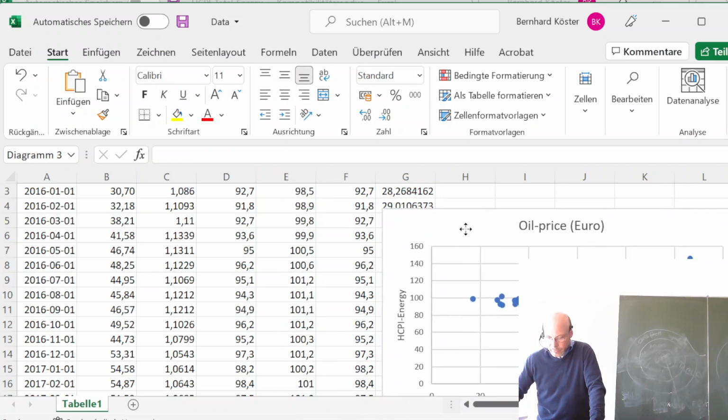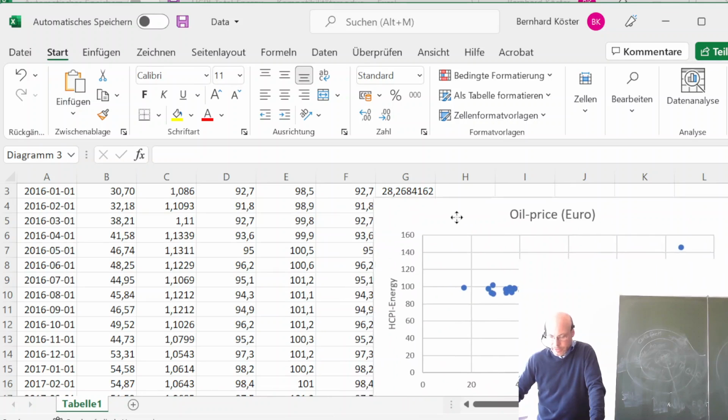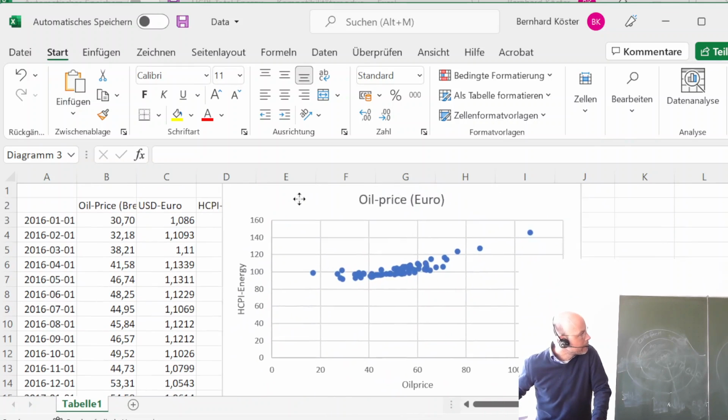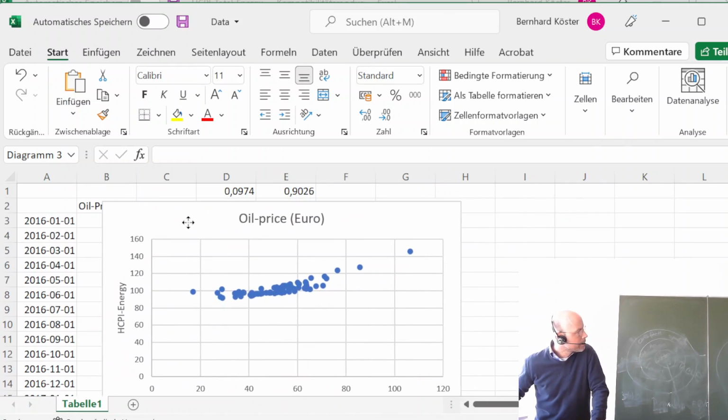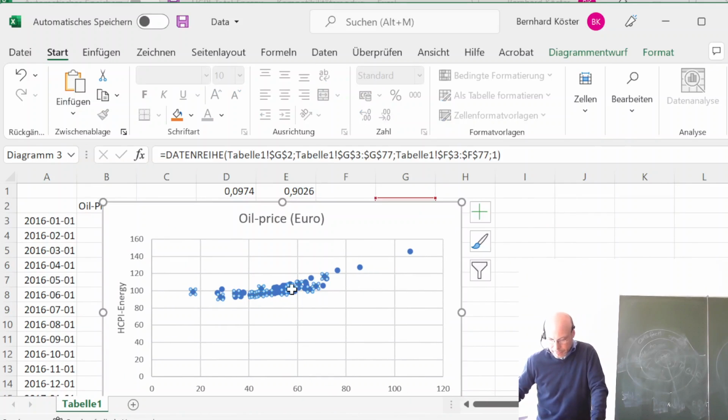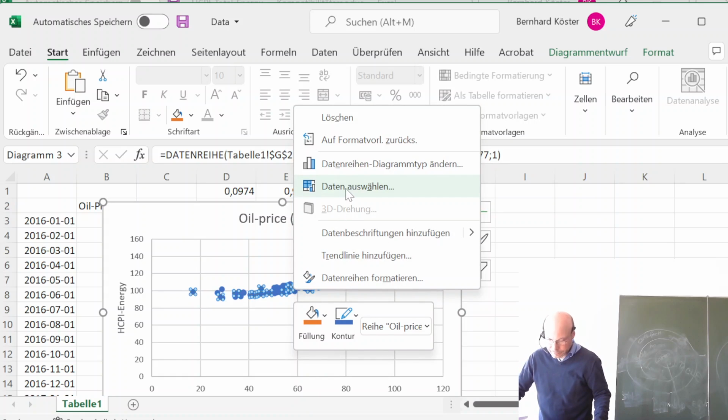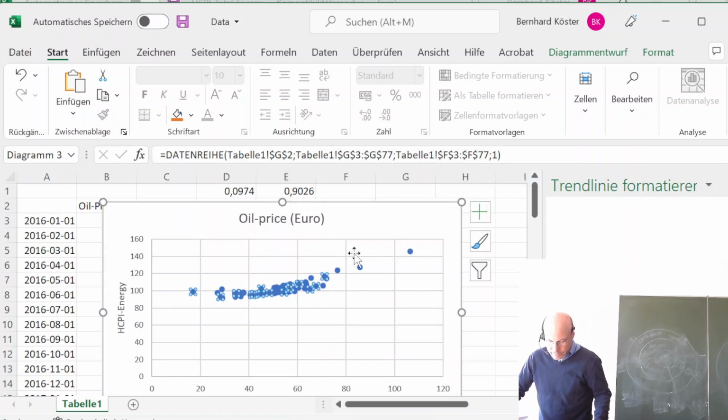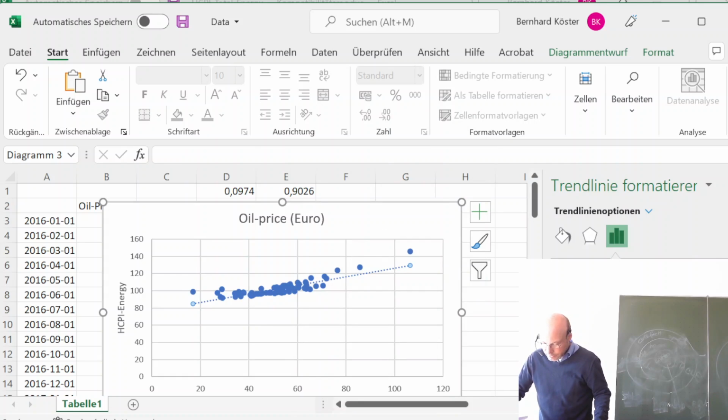Well, and now we want to make the linear regression, and this I showed you the last time. So we can just click in the data, fitting linearly and showing the formula.